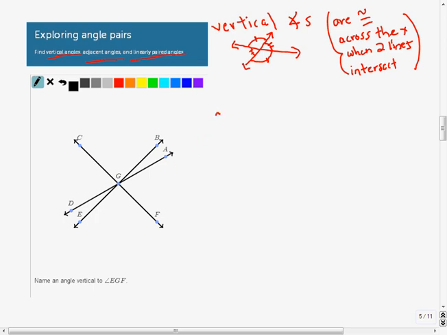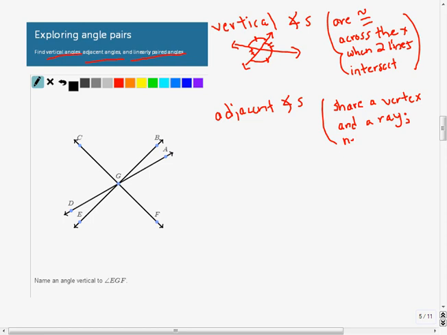Okay, we have adjacent angles. Now, adjacent angles share a vertex and a ray.